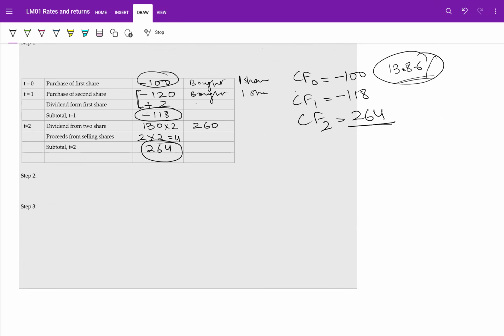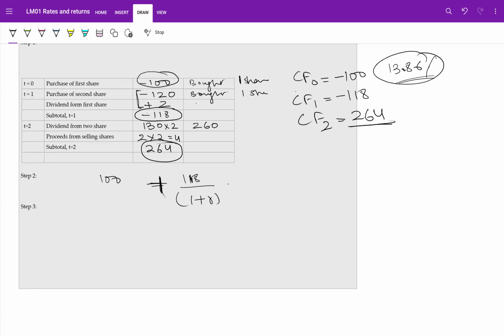And since we have used the calculator function here, let's understand how we do it manually. There is a cash outflow of $100 at time zero, and a cash outflow of $118 at time one.